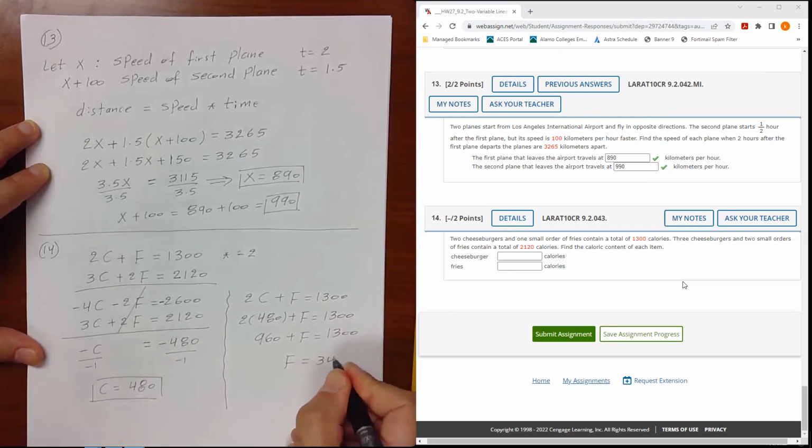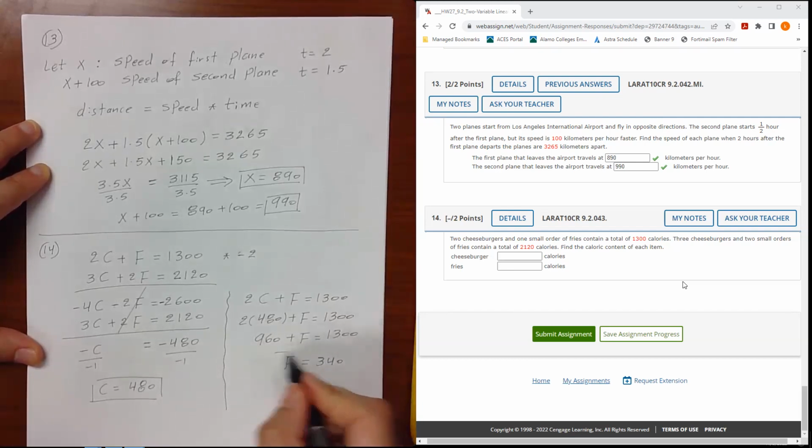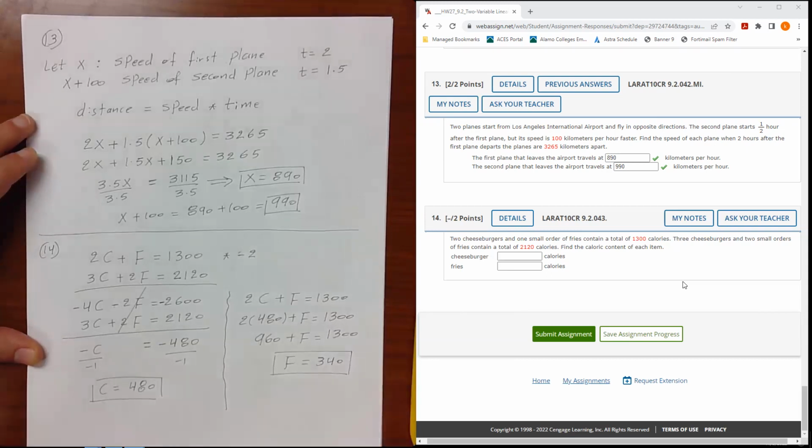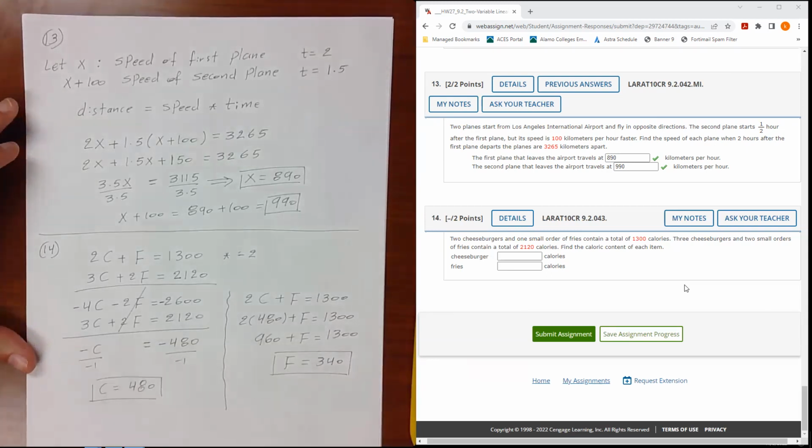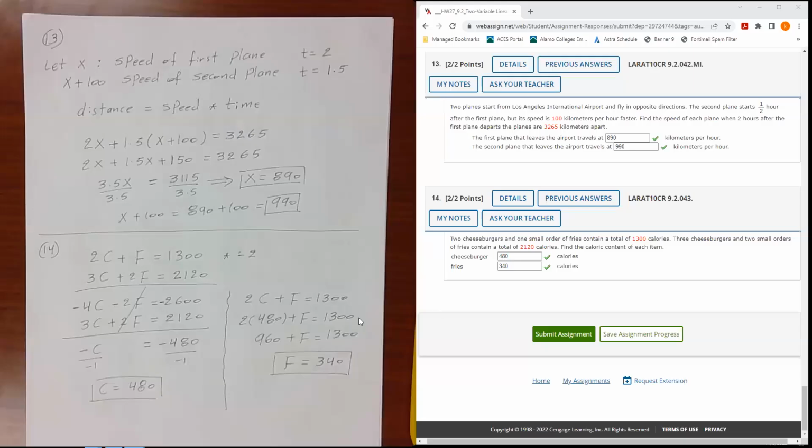So f is going to be 340. That's it for this example. So we're going to type here 480 and 340. That's it for this section. This is the last question.